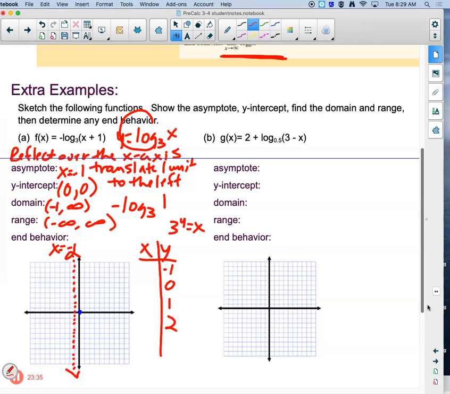Now how do I know those are good numbers? Because I remember I'm graphing on a negative 10 to 10 scale here, and 3 squared is 9, and then I'm already going to be off of my grid. So negative 1 power would be 1/3. 0 power is 1. First power is 3. Second power is 9.